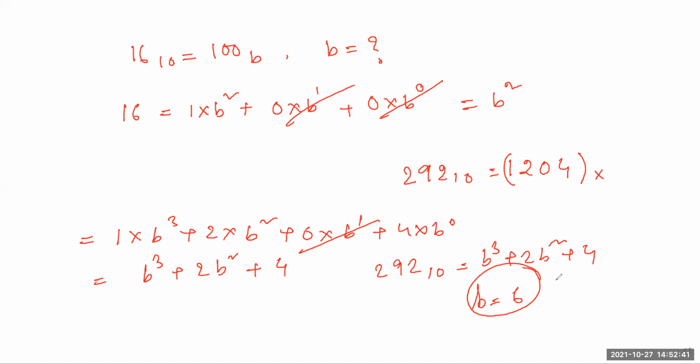In this case, you can see on the right hand side that 4 is the largest digit in the given number, so b should be greater than 4, that is, at least 5. After the trial and error method, you will get b equals 6.